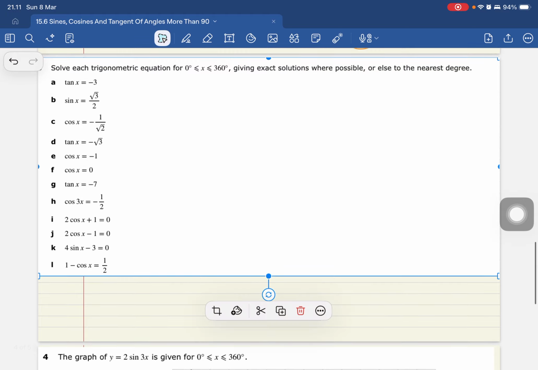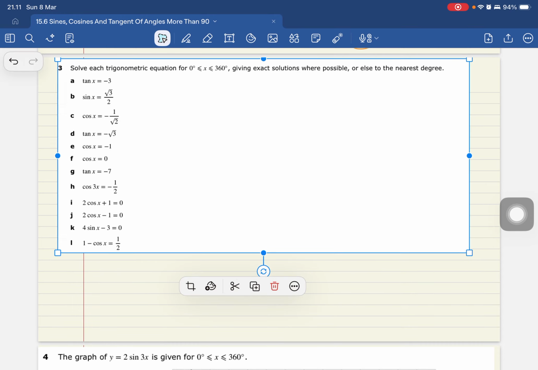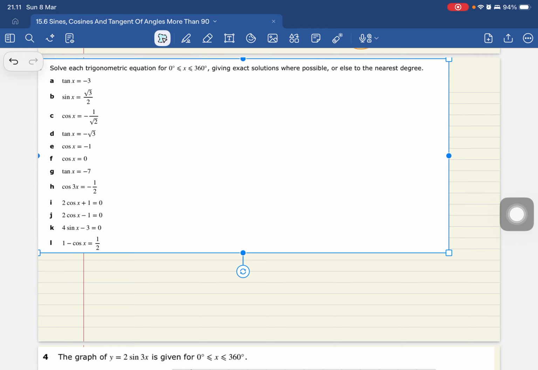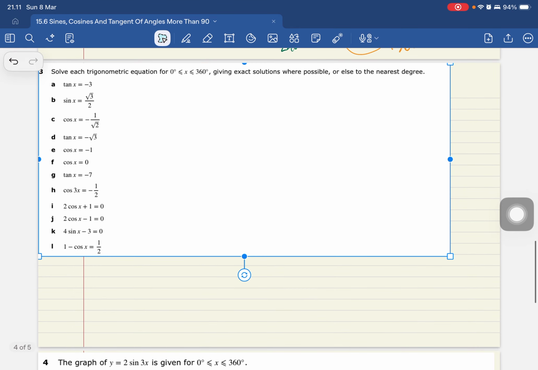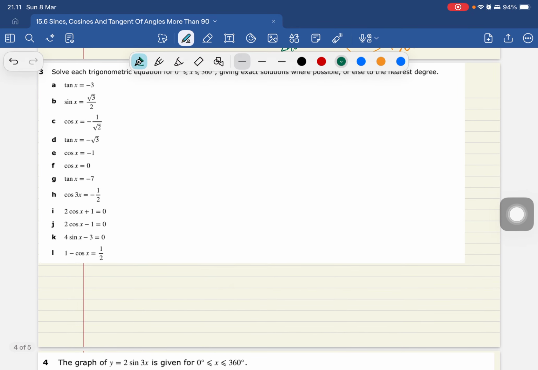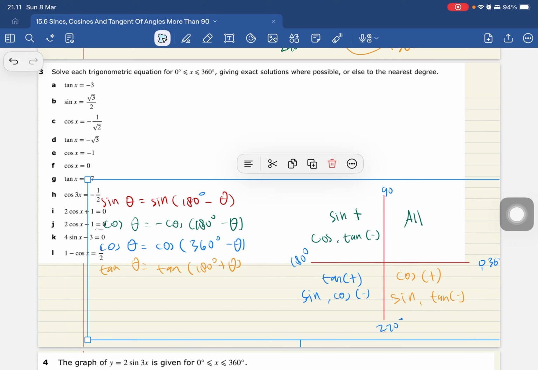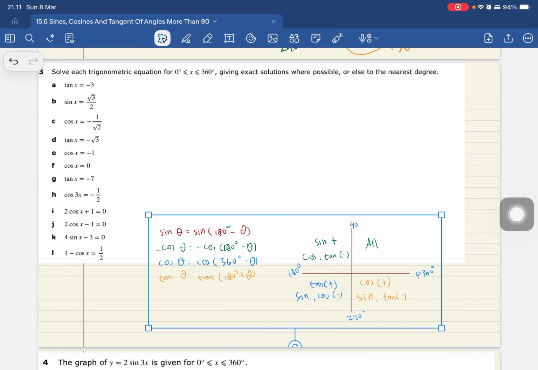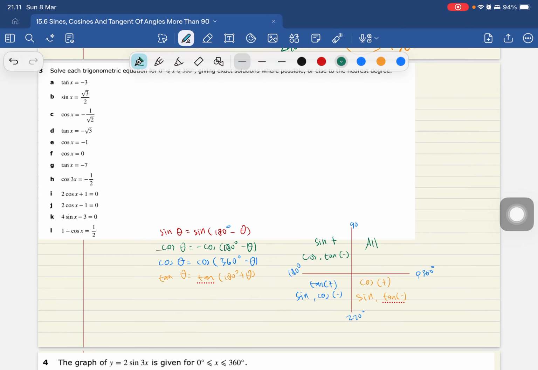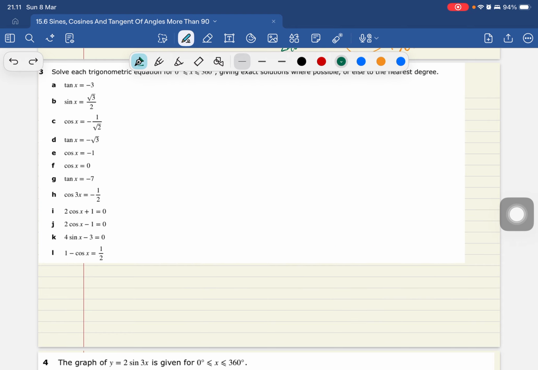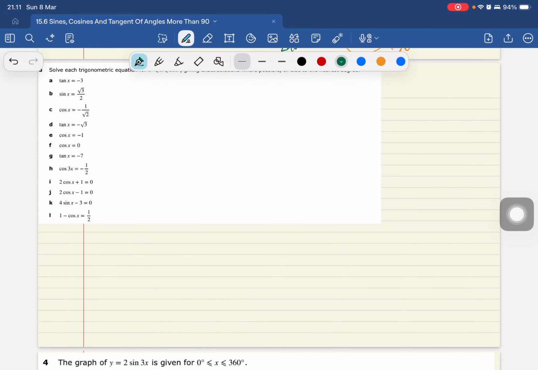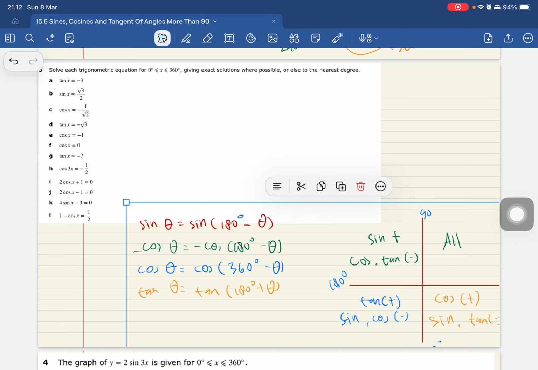Okay, here, question 3. Okay, write the information down here. Make it small, and the information is here.